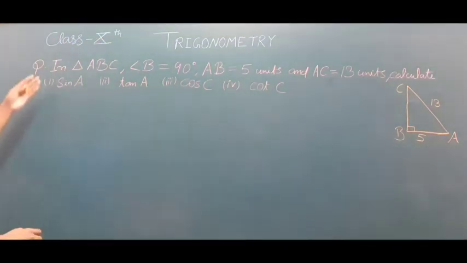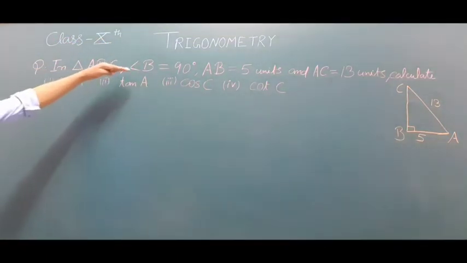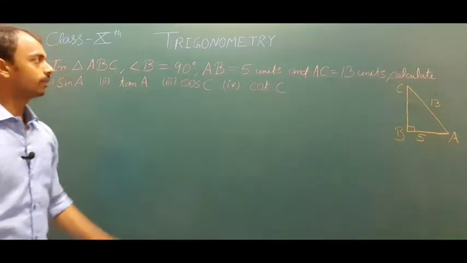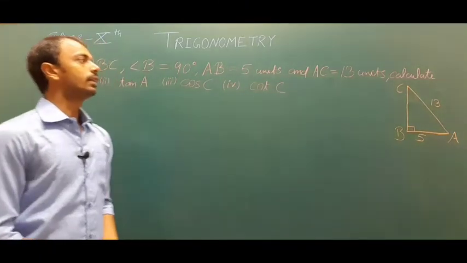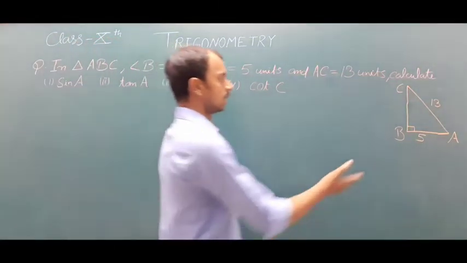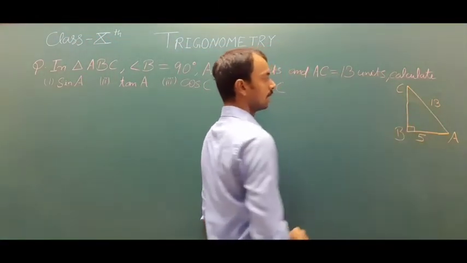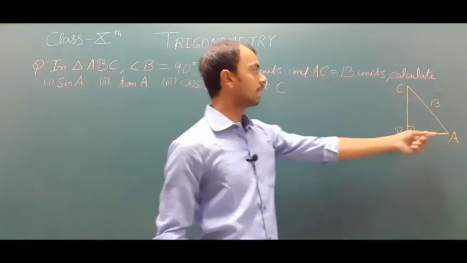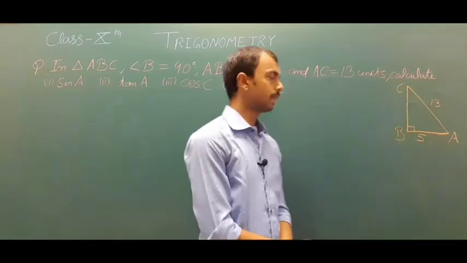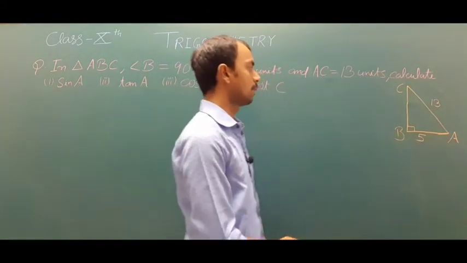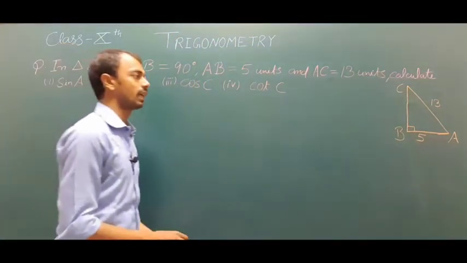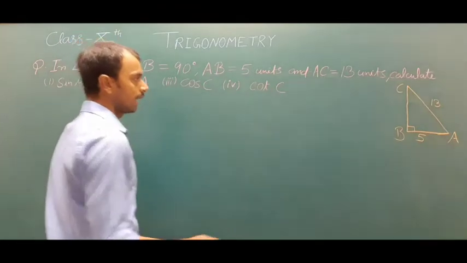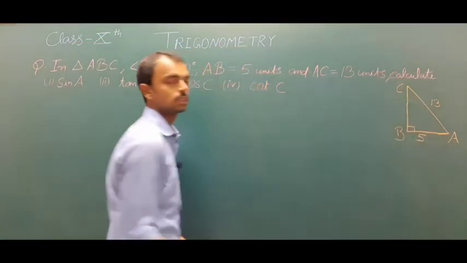Here it is given, in triangle ABC, angle B is equal to 90 degrees, AB is 5 units and AC is 13 units. You can see the side opposite the right angle is AC, that is the hypotenuse. This is AB, one of the sides adjacent to the right angle. First of all we have to calculate this side, that is BC.